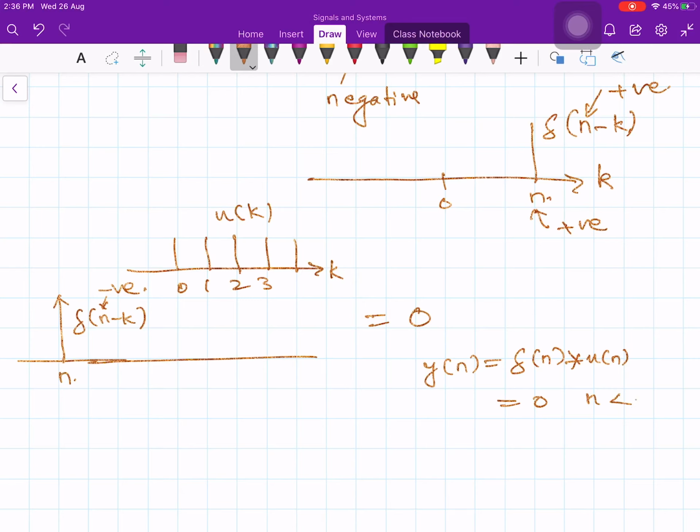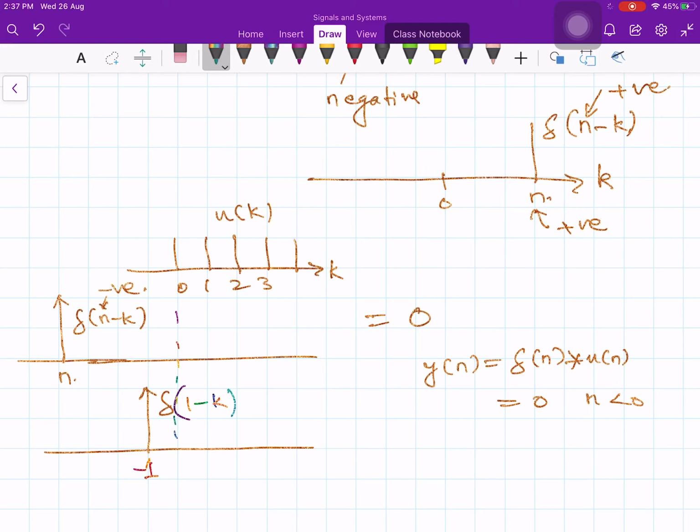Even if you take n equals minus 1, then what will happen? The pulse will come here. This is delta of 1 minus k. Here this is minus 1, sitting at this point is 0.